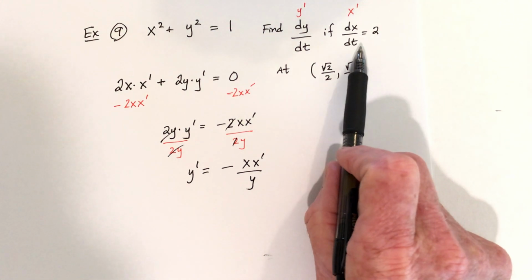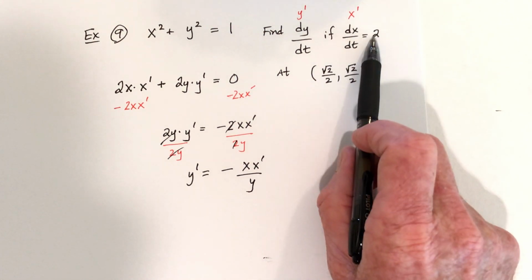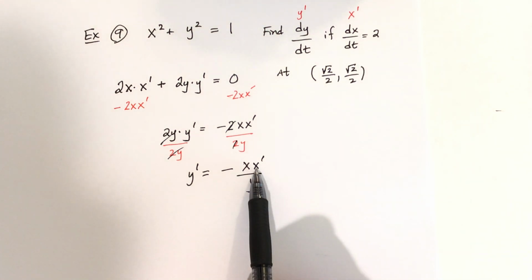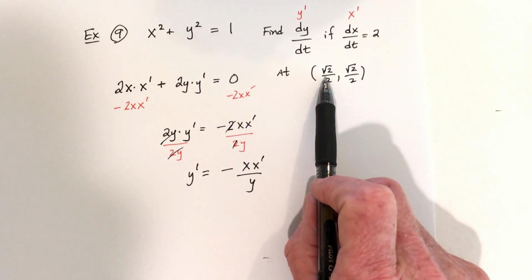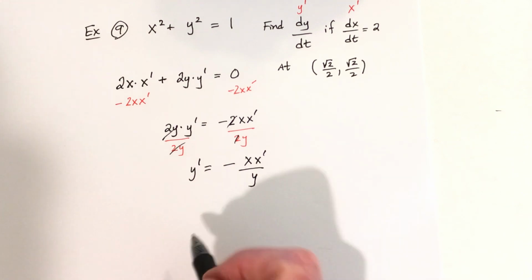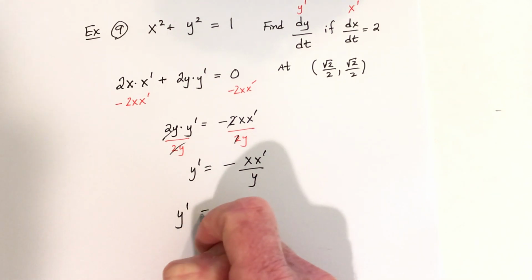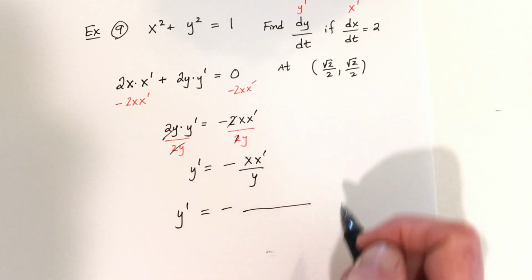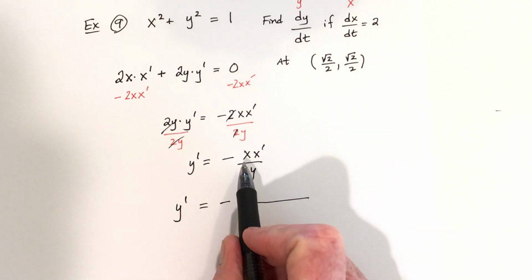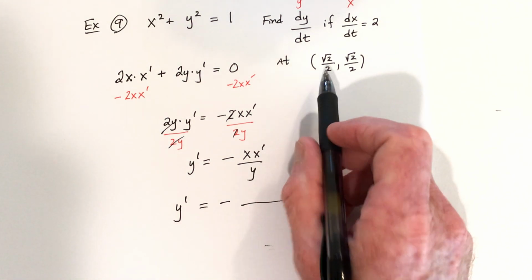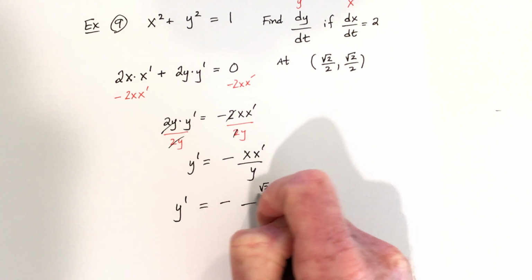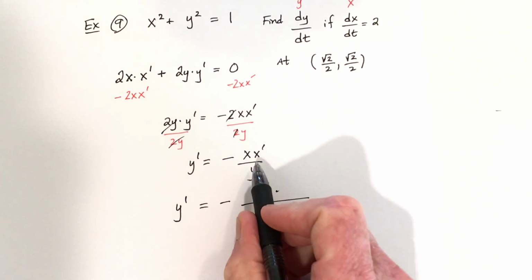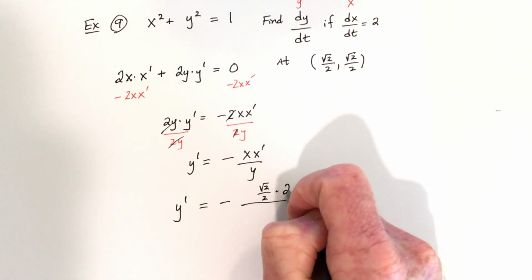Now I just need to substitute in the numbers. So for x prime, substitute a 2, so that one's going to become a 2. This is the x and this is the y. So y prime equals negative, and then I'm just going to make a big fraction out of it. So this x needs to be the square root of 2 over 2. And then x prime goes right here, 2.